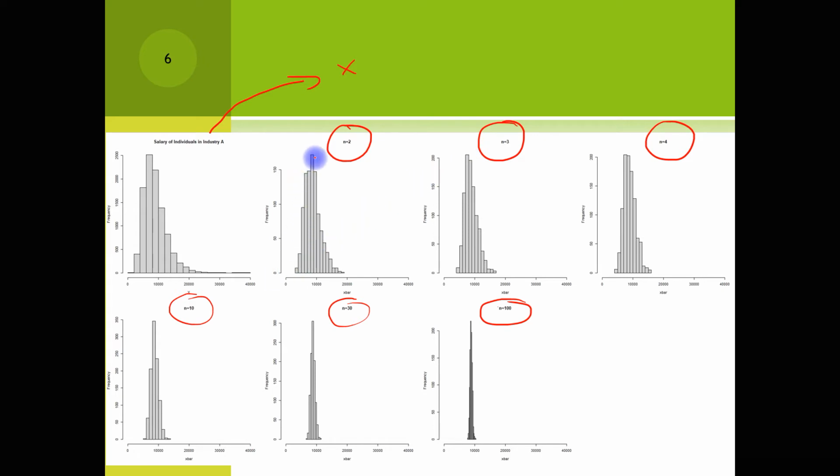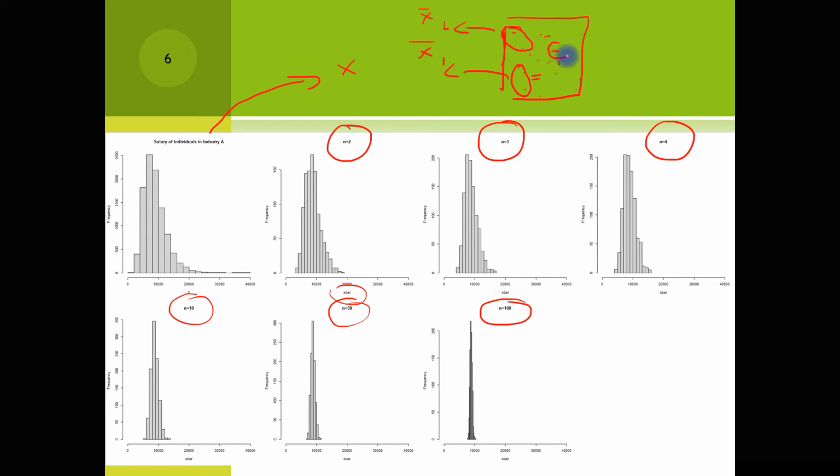And I plotted this histogram to see the behavior of these X bars, because remember that for the sample of size 2, it is as if you have a population of 1000 individuals. But what I did was select 2 individuals and calculate 1 X bar. I selected another 2 individuals and calculated another X bar 2.